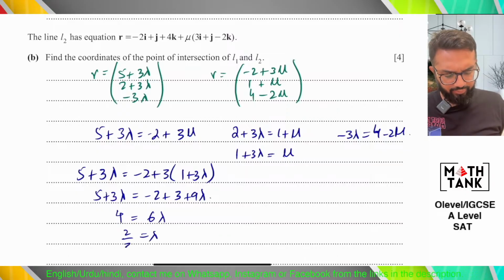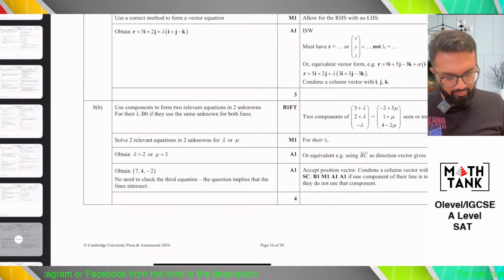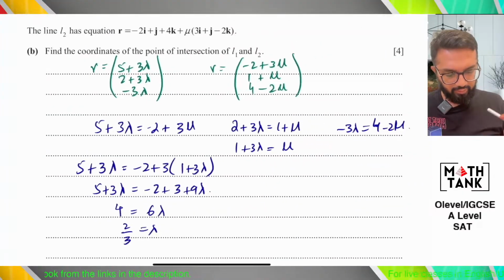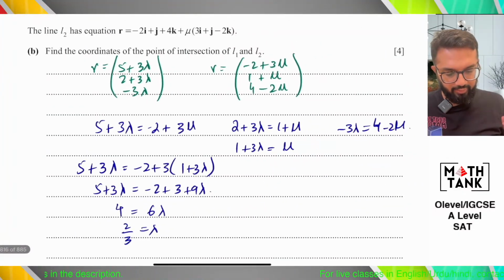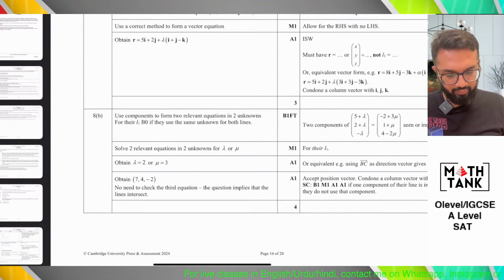Lambda equals 2 over 3. I'm just checking if that is correct indeed. No, that's not correct. So I need to check back what I've done wrong. My equation is fine: 5, 2 and 0, 1, 1 and minus 1.